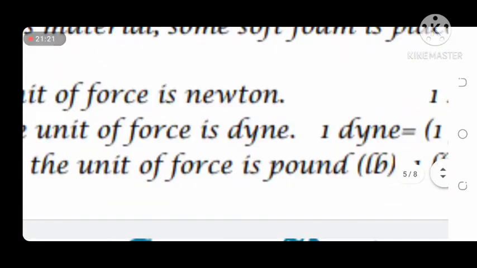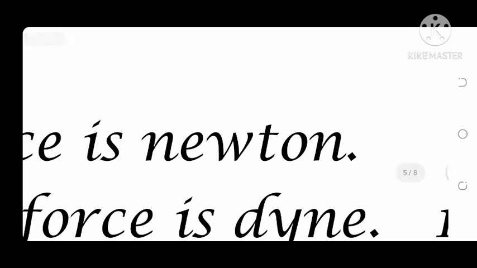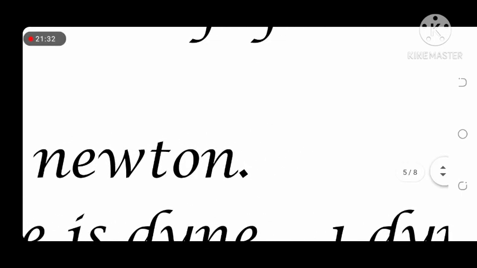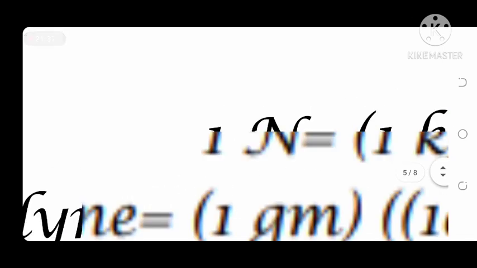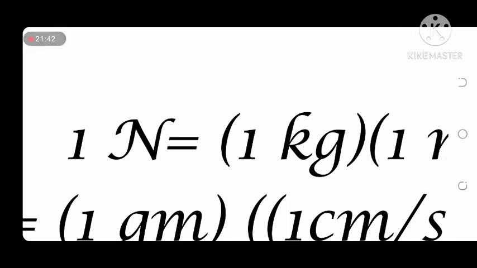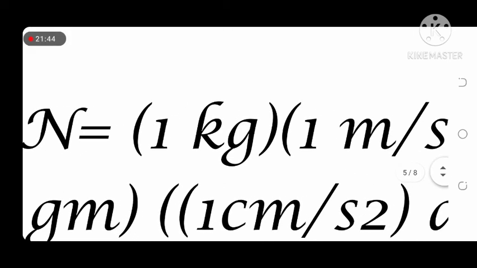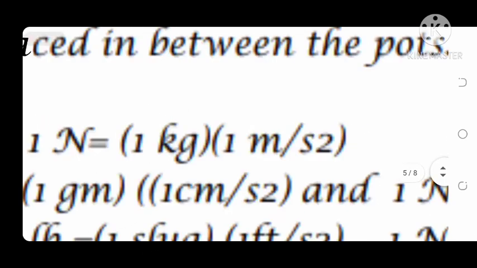But here we see that when we write Newton as a unit, we use a small first letter, and when we use the symbol, we use capital N. According to the above formula, 1 Newton is equal to 1 kilogram multiplied by 1 meter per second squared.